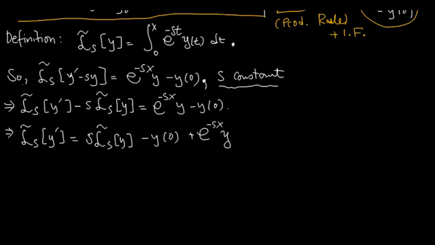So what this does is that there's this operator with s as a kind of parameter. If you hit y prime with that operator, whenever you have a derivative there, it can be rewritten in terms of the original function.